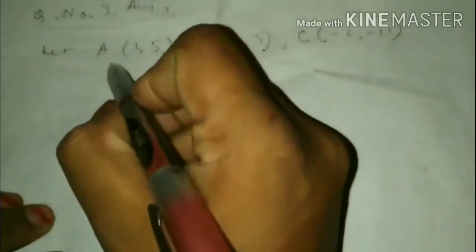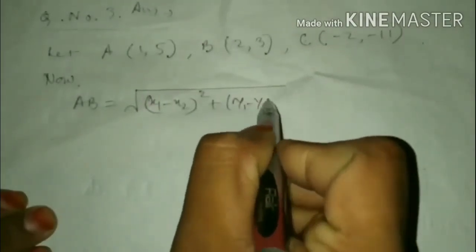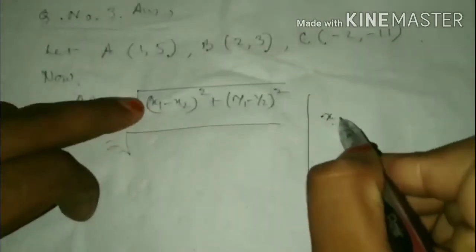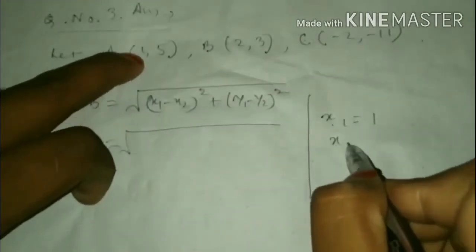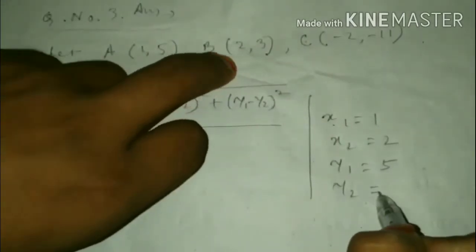First take the points as A(1, 5), B(2, 3) and C(-2, -11). Now first we have to find the distances AB, BC and AC. So first find AB. First write down the distance formula: the square root of x1 minus x2 whole square plus y1 minus y2 whole square. Now we put the values: x1 is 1, x2 is 2, y1 is 5 and y2 is 3.